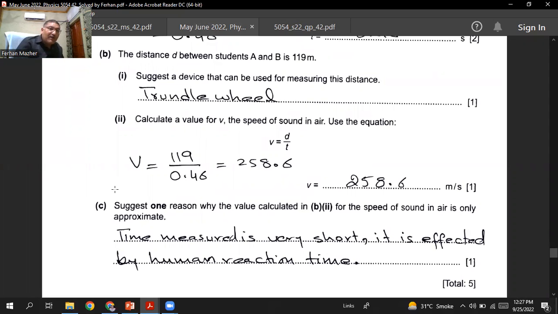It has a small automatic digital system which counts how many revolutions the wheel has made while you are walking. The number of revolutions is multiplied by the circumference, so that tells you how much distance is traveled. So we can use the trundle wheel. Then the next part is calculate.